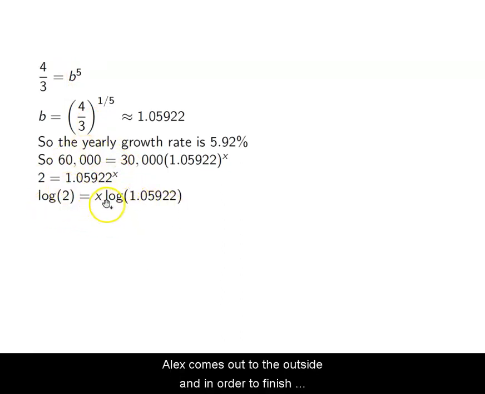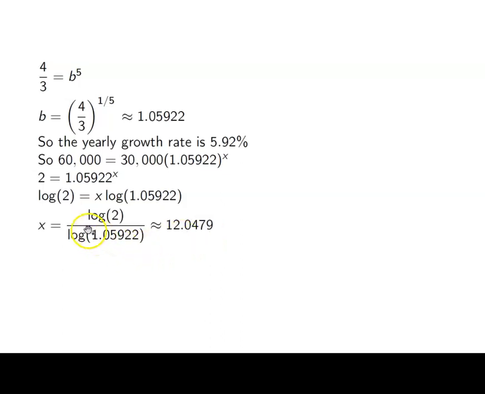The x comes out to the outside, and in order to finish solving for x, I divide both sides by log 1.05922. Okay, plug that into my calculator, and I get approximately 12.0479. So I try to use values as exact as possible, so that I have 4 decimal points of accuracy. So it takes a little more than 12 years for the population to double for this town.